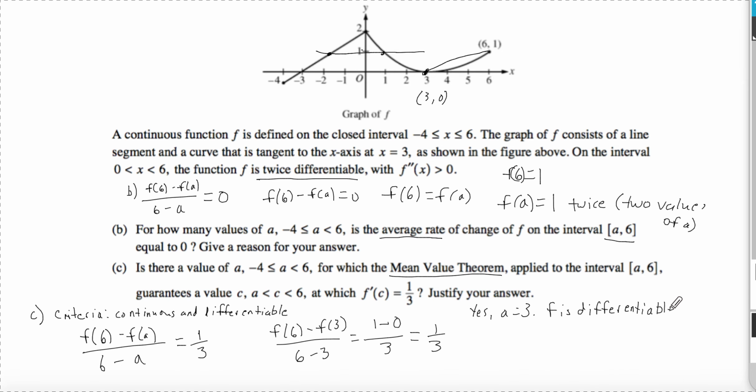F is differentiable on the interval 3 to 6, right? We know that. They tell us that the function f is twice differentiable from 0 to 6. So f is differentiable on 3 to 6 and continuous on the closed interval 3 to 6.